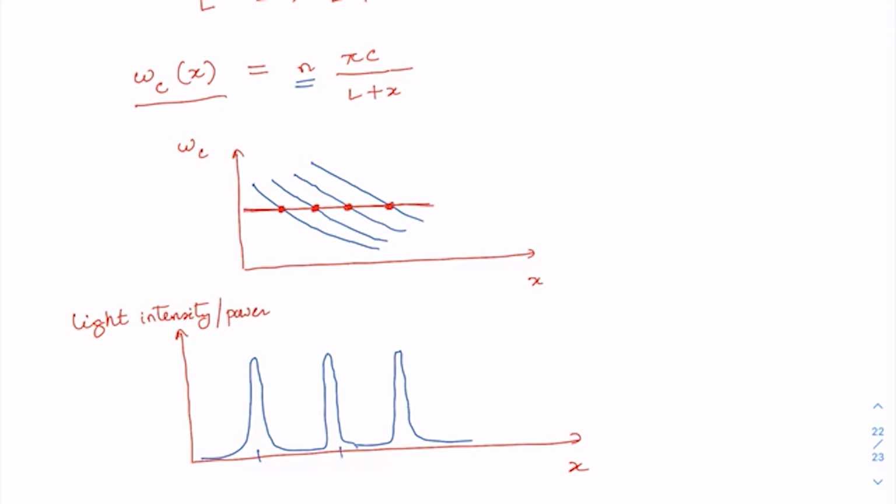Okay, now we know that the light power is actually proportional to the radiation pressure force. So clearly this diagram is also a diagram of force versus position. So rather than light intensity or power, we can simply say that this is actually the radiation pressure force.